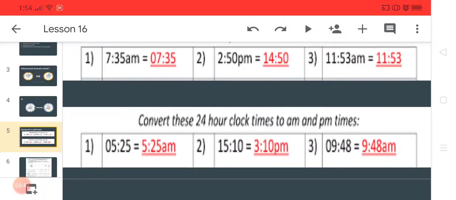Okay. Convert these 24-hour clock times to AM and PM. Question number 1, 5:25. 5 is less than 12, so there is no change. 5:25 comes as it is with AM. It's a morning time. And after that, question number 2, 15:10. 15 is more than 12, so subtract 12 from 15.